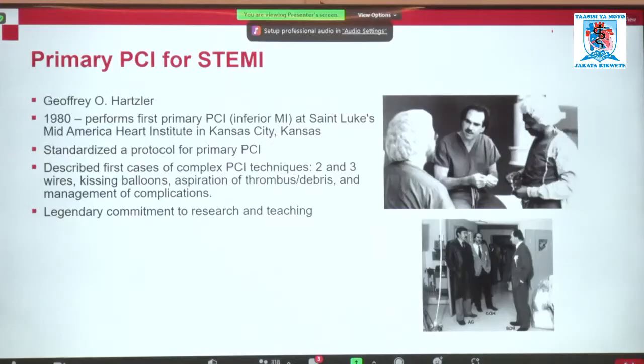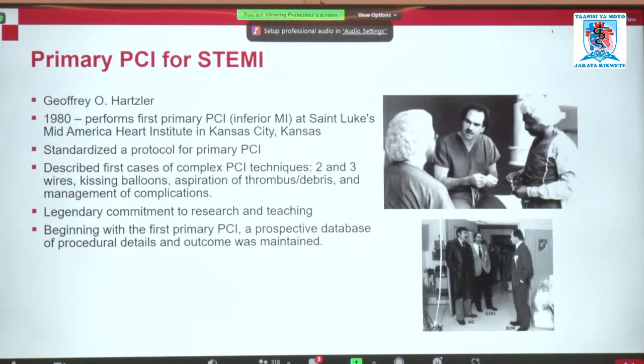The first primary PCI was performed by a gentleman named Geoffrey Hartzler in 1980 at St. Luke's, Mid-America. He standardized protocols for primary PCI. He was an extremely innovative guy who developed multiple complex PCI techniques, including two and three wires. For all the technical people out there, you know what I'm talking about. He had a legendary commitment to research and teaching, and was incredibly driven.